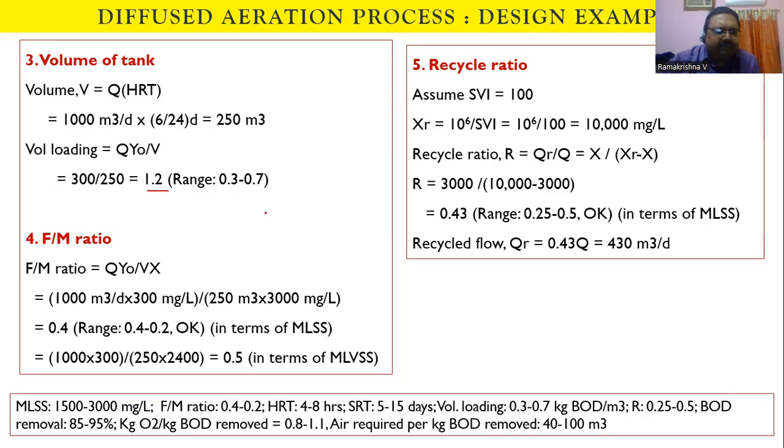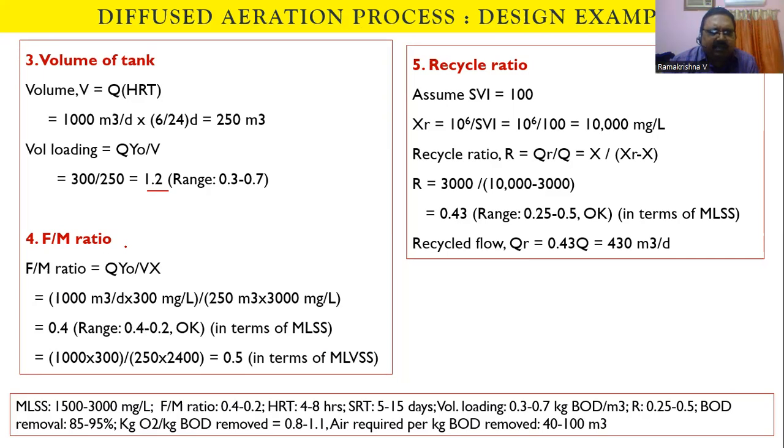Doesn't matter. Now the F by M ratio, Q into Y naught by Vx. Q into Y naught is the food, and food is nothing but the BOD which is there in the system. And Vx is the microbial mass in the system. In the microbial mass calculation, there are two things.